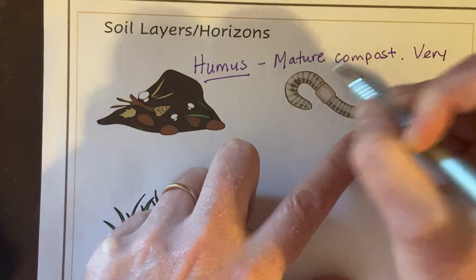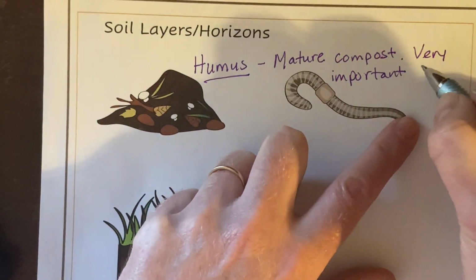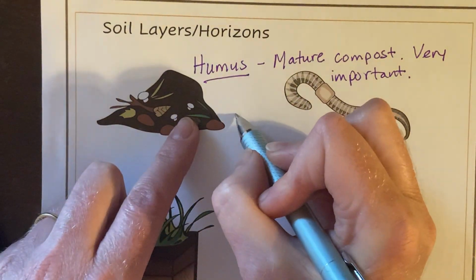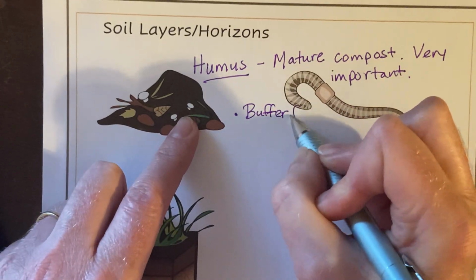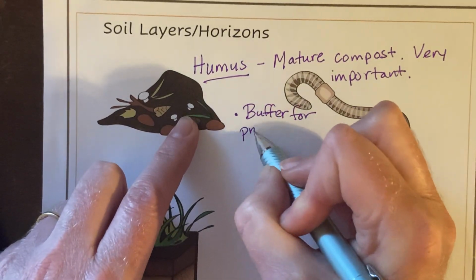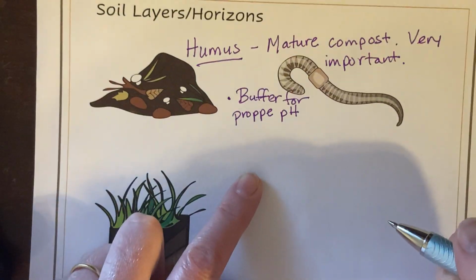It is very important. And what it does, it's a buffer for proper pH. Okay, so that's one thing that humus does.